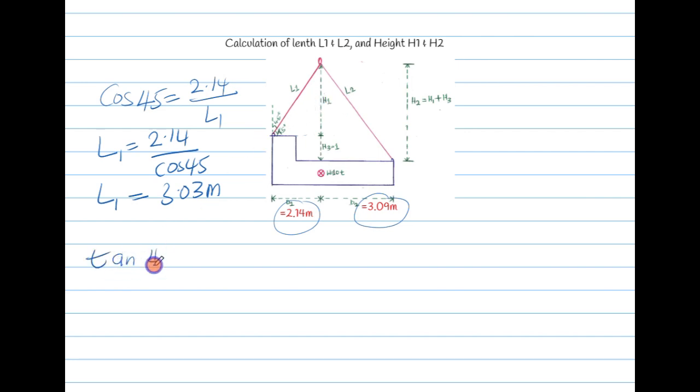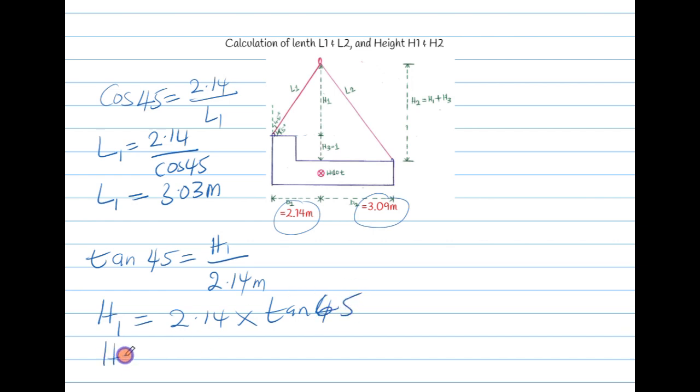Next is to calculate our H1. Tan 45 will be equal to H1 divided by 2.14 meter. H1 is equal to 2.14 multiplied by tan 45. H1 is equal to 2.14, as tan 45 is 1.